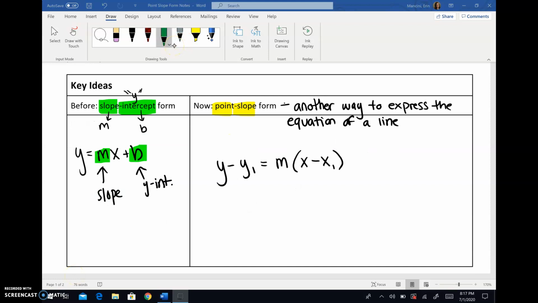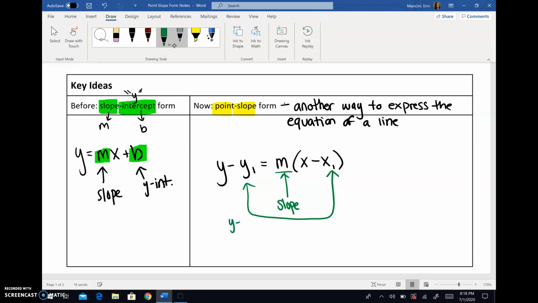Let's go ahead and label what these different variables represent. So m here, just like in slope intercept form, is your slope. Okay, m is always slope, m stands for move. Now you have your y1 and your x1. It's your y coordinate and your x coordinate.